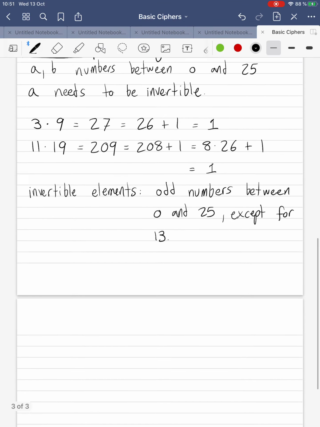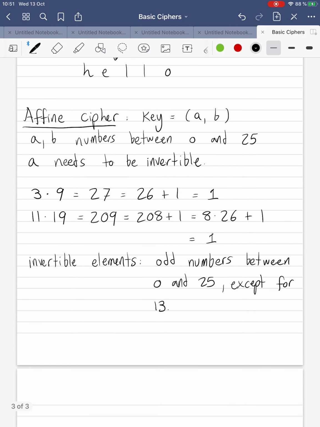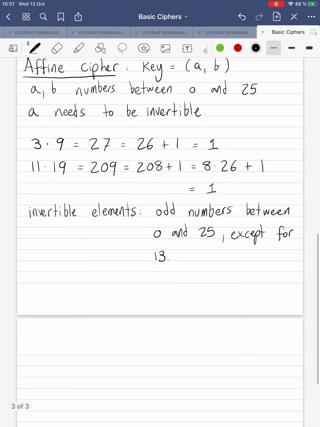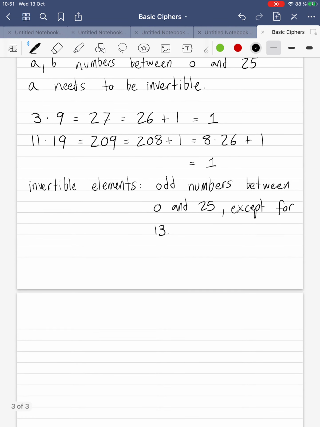So the key for the affine cipher is a comma b, where a and b are any number between 0 and 25, and I'm going to ask for a to be invertible, which in this case means any odd number except for 13. So how do I encrypt now?